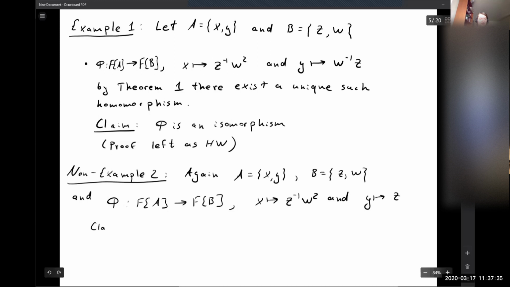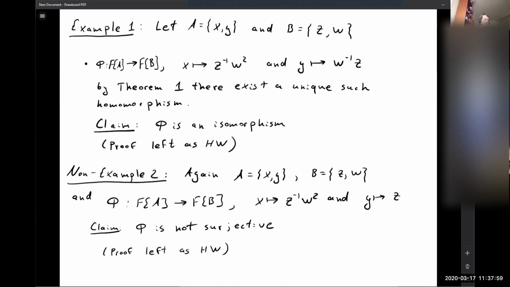Then the claim is that phi is not surjective. And again, proof left as homework.